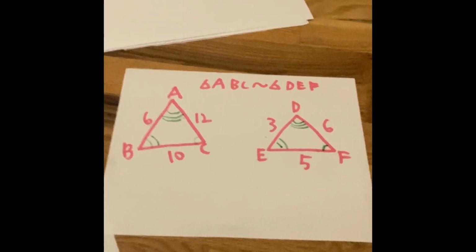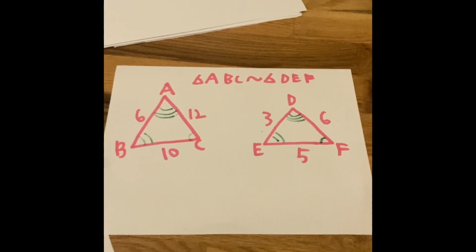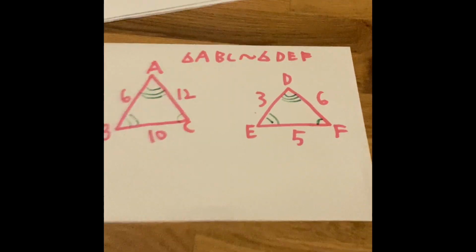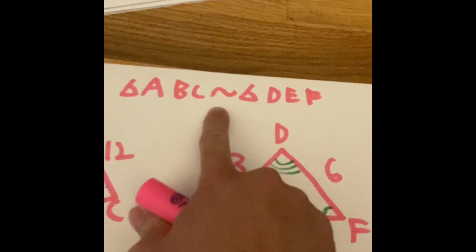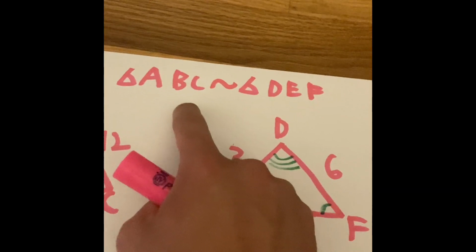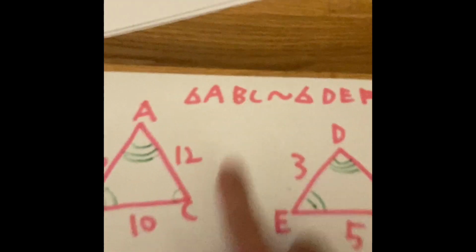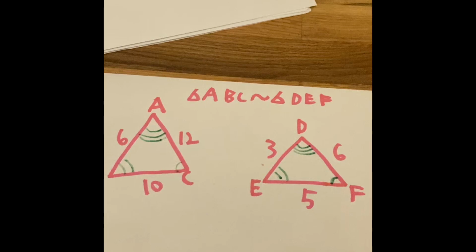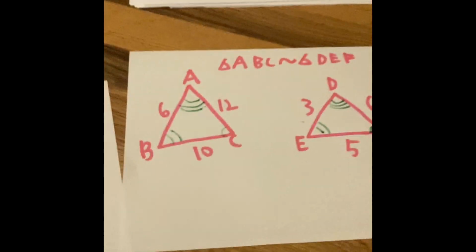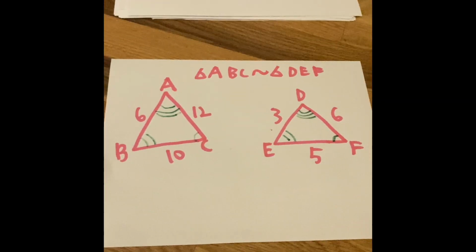So now it's time to understand mathematically how these are similar. Well, first of all, when it says triangle ABC and triangle DEF, that squiggly line right there is actually the symbol used for similarity, if you're using it for a proof or some kind of statement. So let's start labeling.